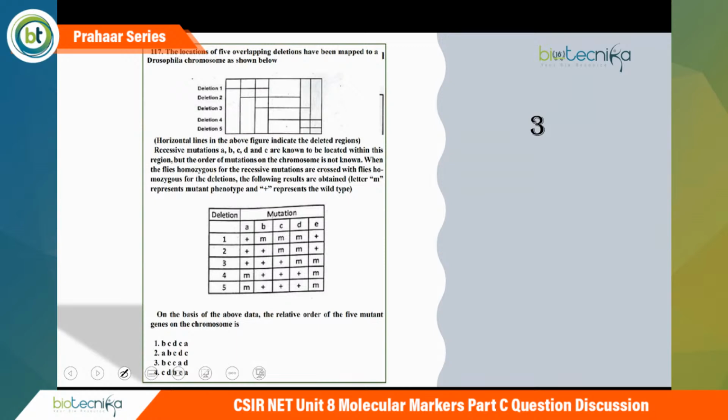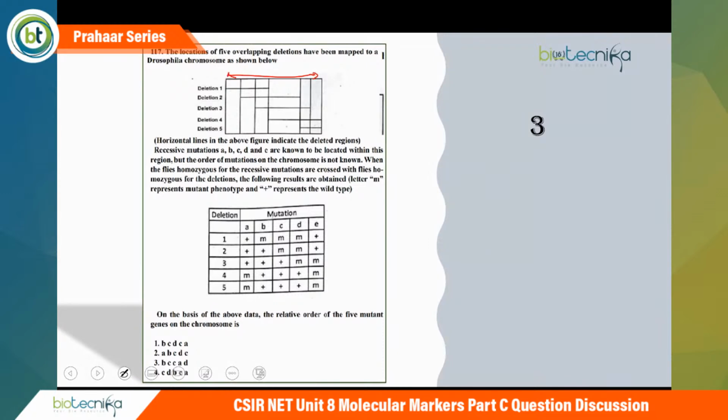Now recessive mutations A, B, C, D, and E are known to be located within these regions, but the order of mutations on the chromosome is not known. So we know that this entire segment of chromosome has A, B, C, D, E recessive mutations, but where exactly which one is present, we do not know. When the flies homozygous for the recessive mutations are crossed with flies homozygous for the deletion, the following results are obtained.